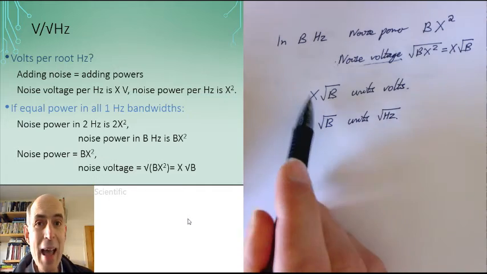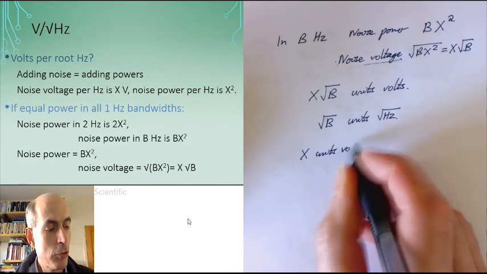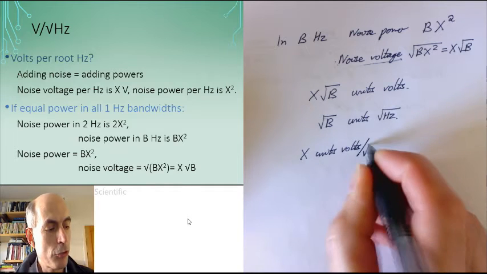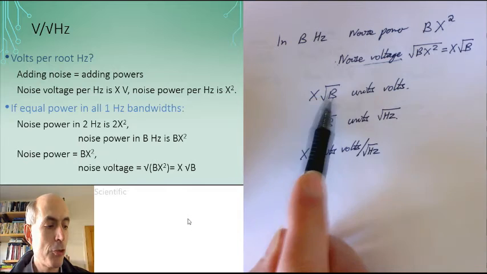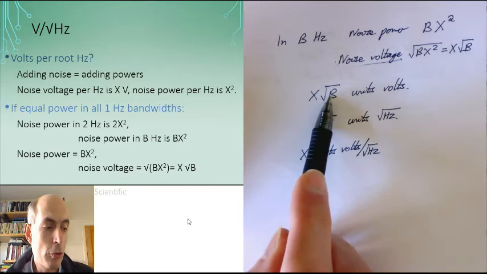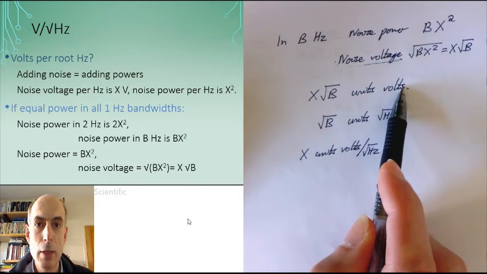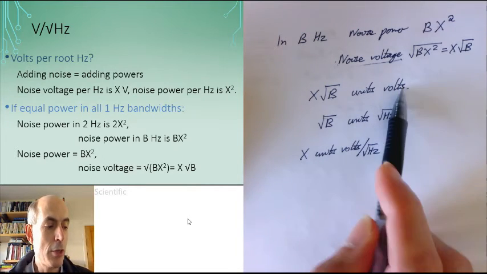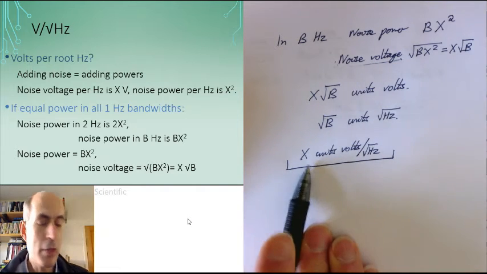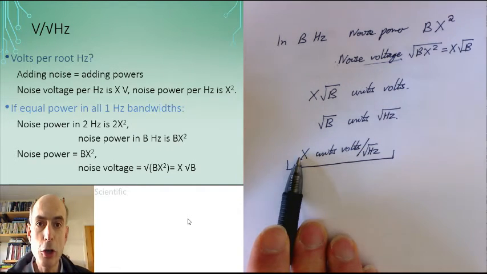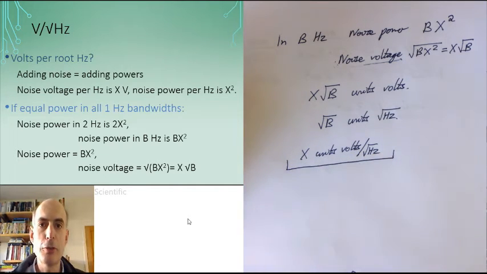So the units of x must be volts per root hertz, so that when you multiply x by a quantity in units of the square root of hertz, you end up with a quantity with units of volts, a voltage, which is what we need here. So x, our measure of the noise voltage in a 1 Hertz bandwidth, has units of volts per root hertz.